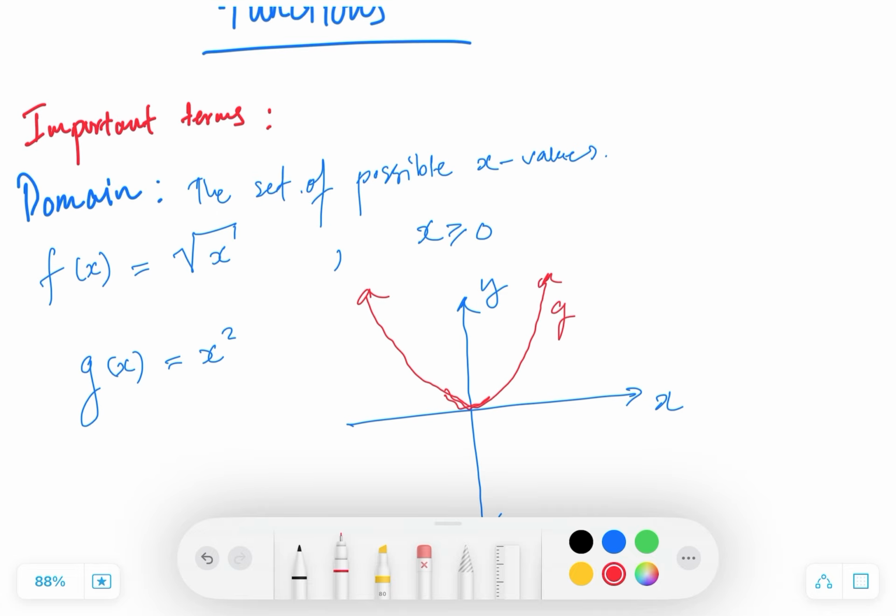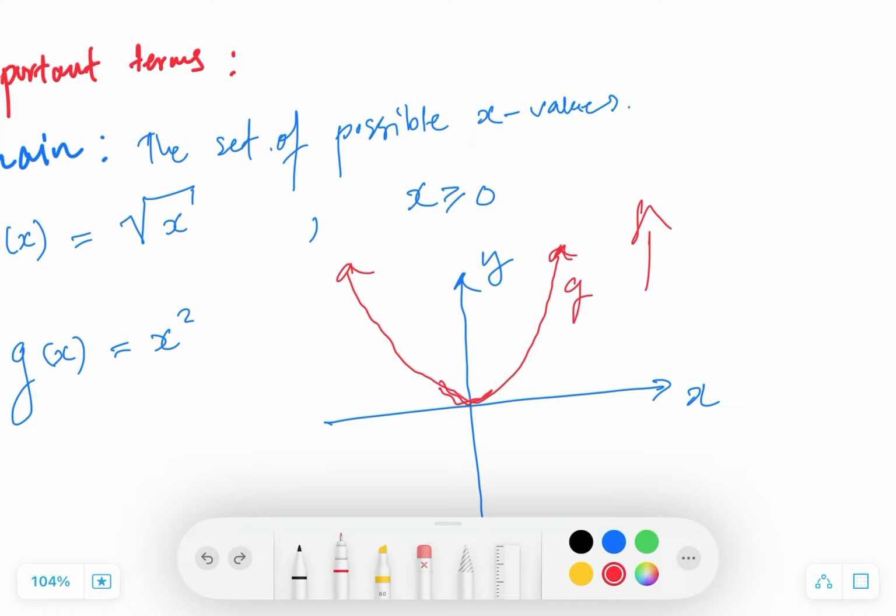So this graph continues going in the positive y direction and also in the positive x direction, negative x direction as well. So on this graph, the run is measured on the x-axis and the y measures the rise.